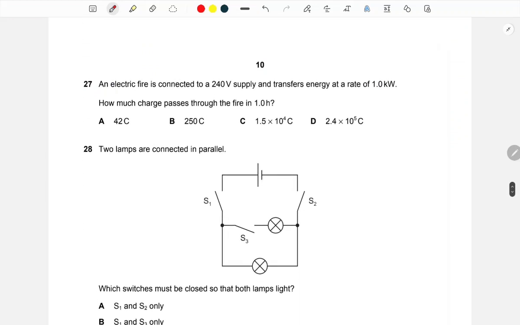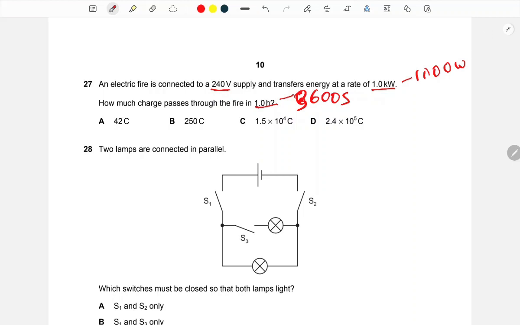Number 27. An electric fire is connected to a 240 volts supply and transfers energy at a rate of 1 kilowatt. This is the same as 1000 watts. How much charge passes through the fire in 1 hour, which is equivalent to 3600 seconds? We'll be using SI units here.